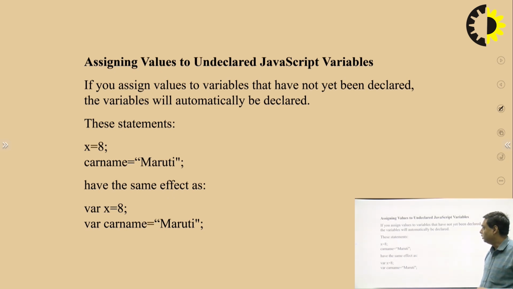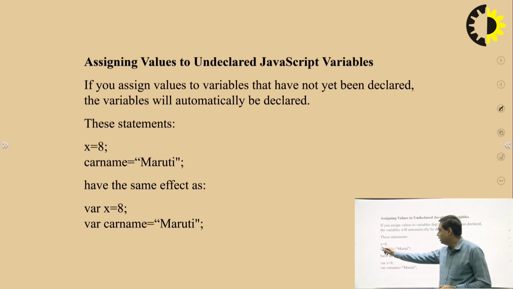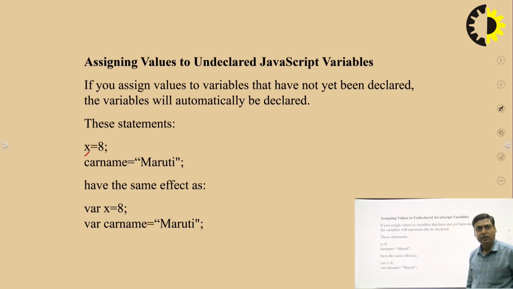Now we can relax the var keyword. If you define a variable x and just give the value, the value will be assigned to the variable x and its type will become integer automatically. So giving the var keyword is optional.